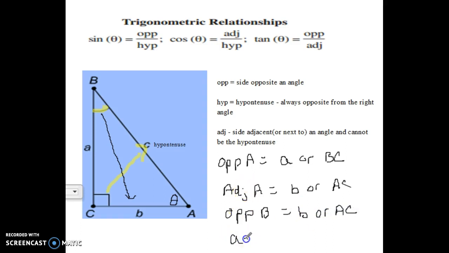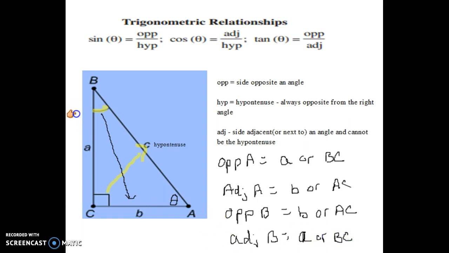And the adjacent side for angle B is going to be right here. So it's not the hypotenuse. The side next to the angle is going to be A or BC. So little a or BC.